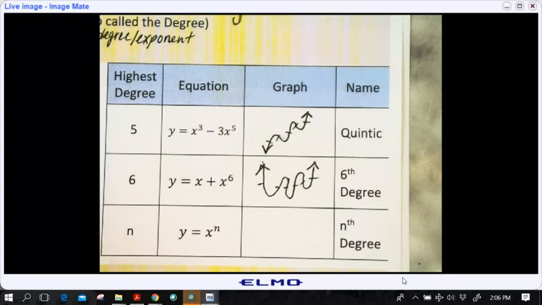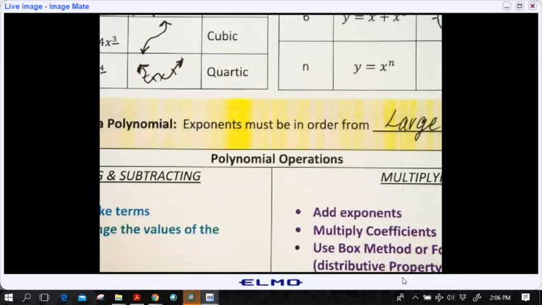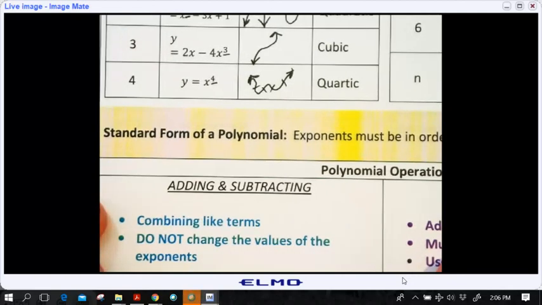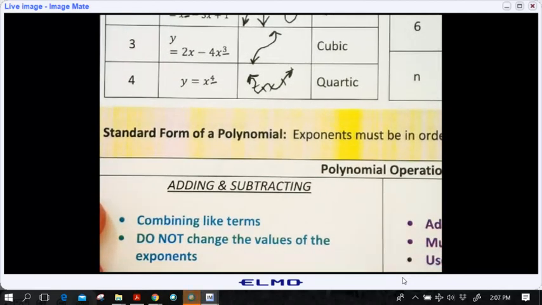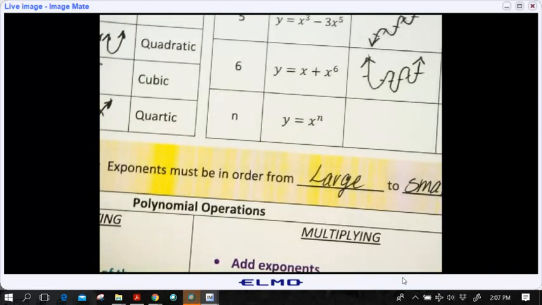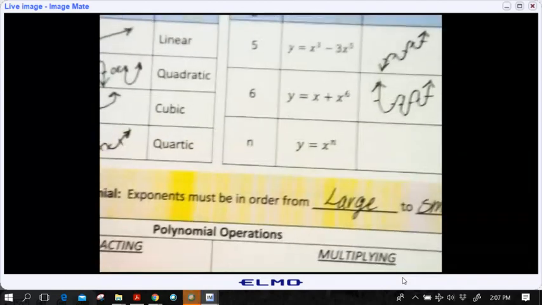Alrighty. Let's take a look at our standard form of a polynomial. So in order to be in standard form, there it is, exponents must be in order from large to small. I should zoom out a little.